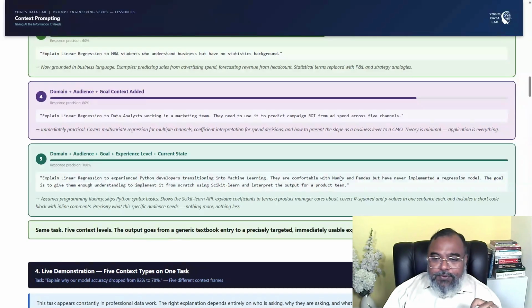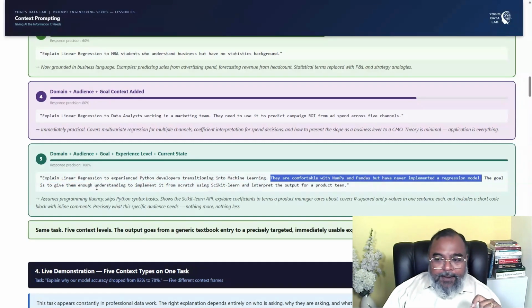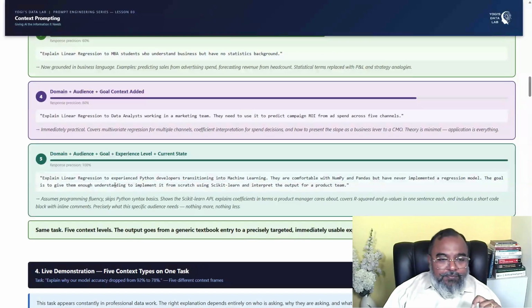They are comfortable with NumPy and Pandas, but have never implemented a regression model. So you are telling them what their current state is. The goal is to give them enough understanding to implement it from scratch using scikit-learn, and interpret the output for a product team. So you have told the domain, you have set the audience, you have set the goal, what you want, you set the experience level, you also told what is their current state.